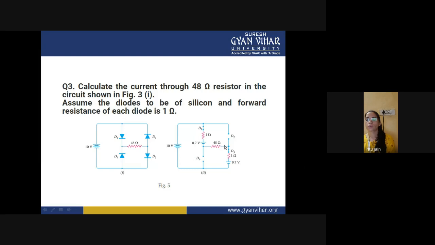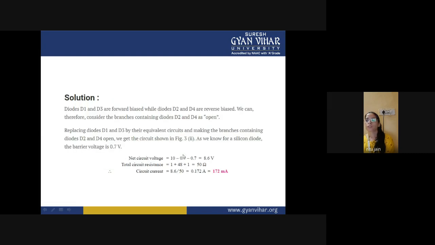Now what can we do? We can apply KVL over here. From the negative terminal to the positive terminal, plus 10 volt. Now the current is flowing in this direction and the voltage drop across this is 0.7 volt. So 10 minus 0.7, minus 48 into I1, and minus 0.7. So 10 minus 0.7 minus 0.7 is 8.6 volt.